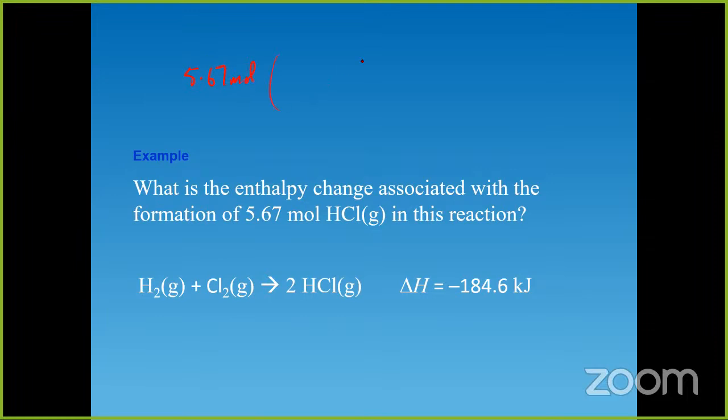And then I will multiply this by the appropriate conversion factor, which would have 2 moles of HCl down here. So I should have HCl here. And up here, I'm going to put this value right here, which is minus 184.6 kilojoules.